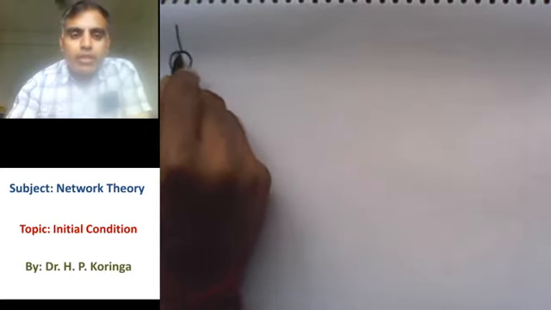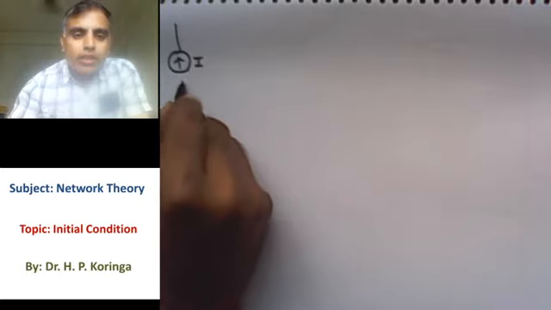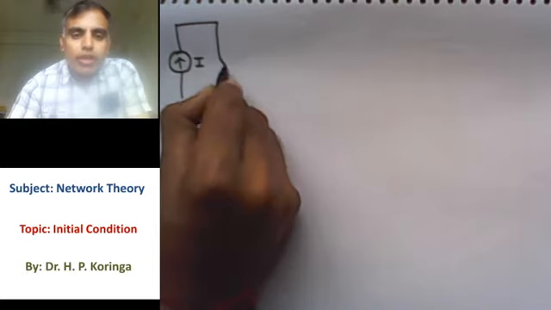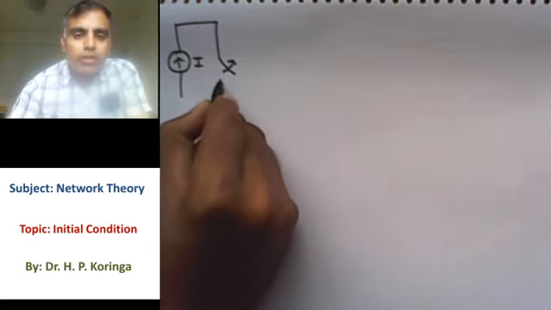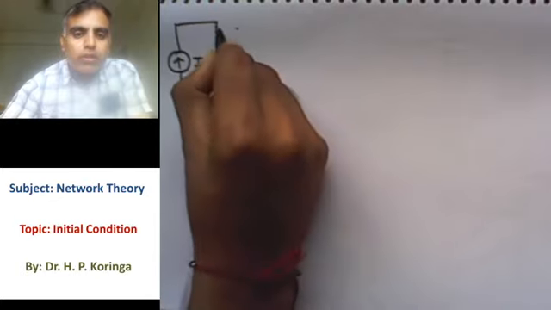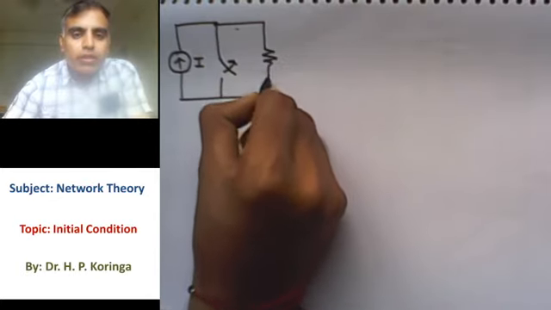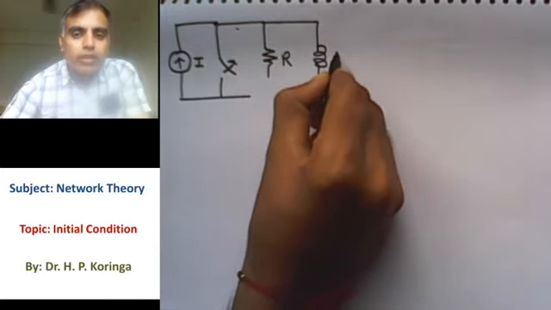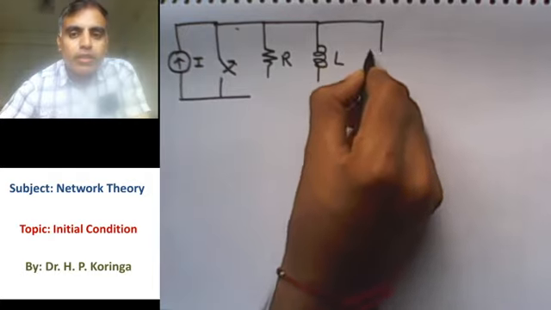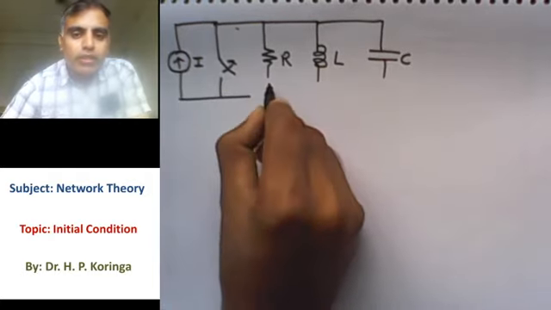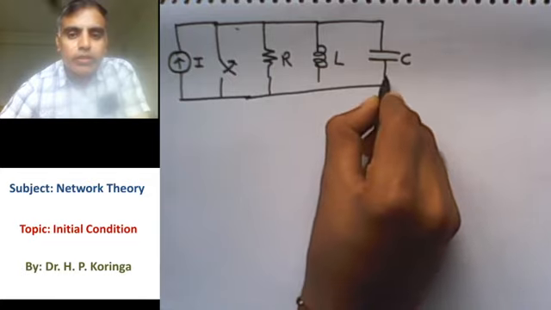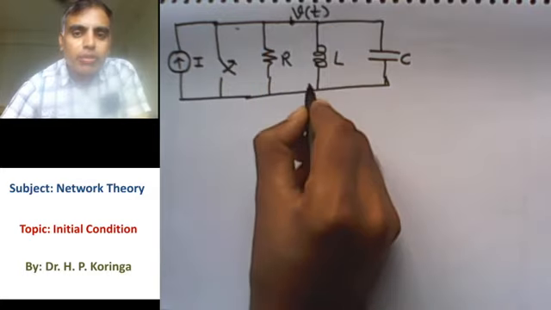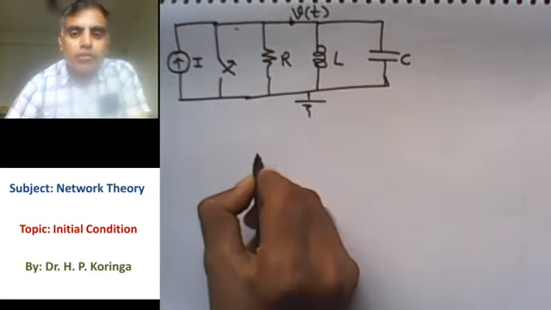So in a parallel RLC circuit, say current I, the switch is initially closed and then it is open. Here R, L and C. Our interest is to find the voltage v(t) with respect to this reference.